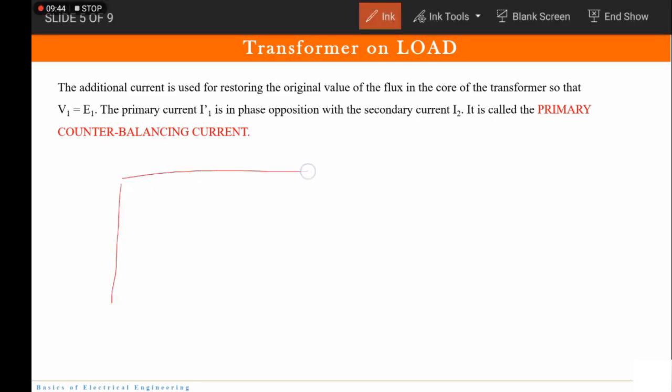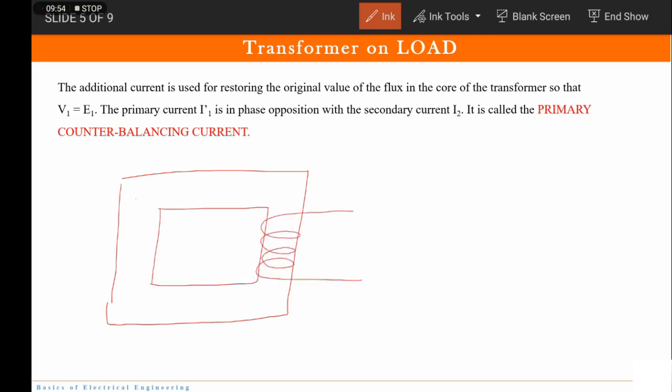Now you need to understand, I shall draw one circuit here and explain it to you. Suppose this is the transformer. Here we had the secondary, and we have I2 here. In the beginning, because of the input voltage, we got the flux which is phi.